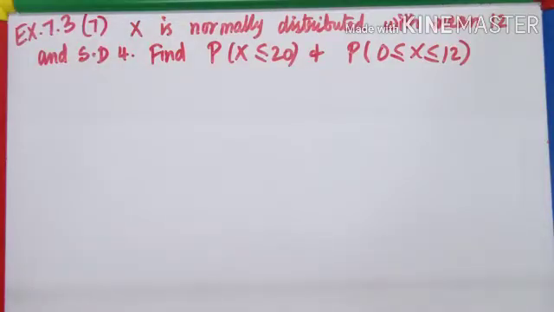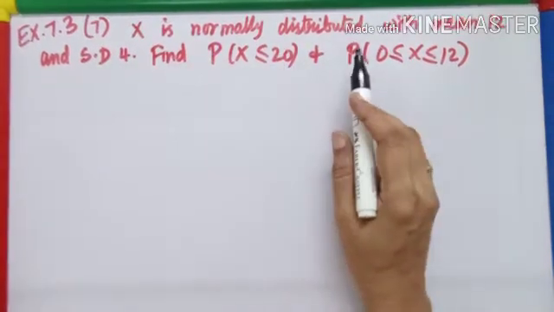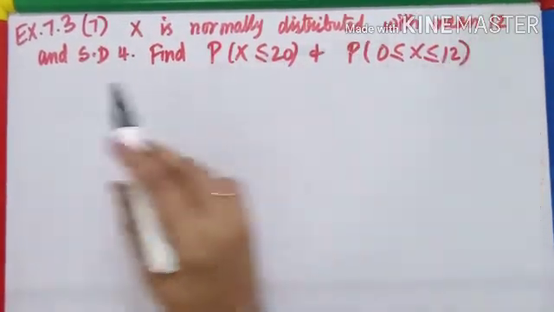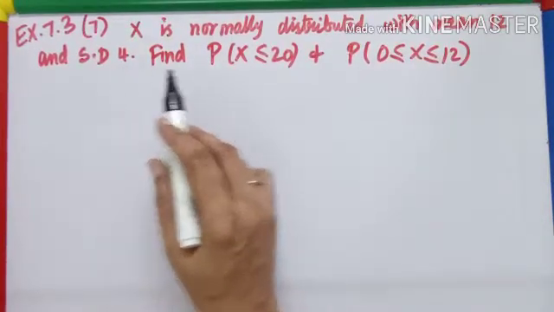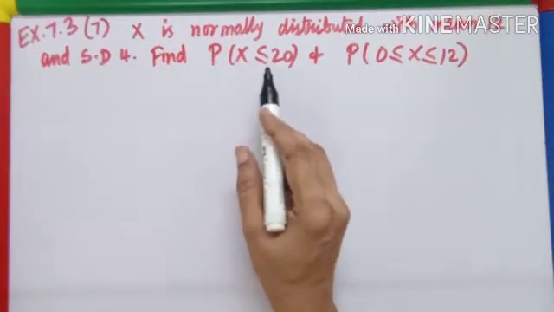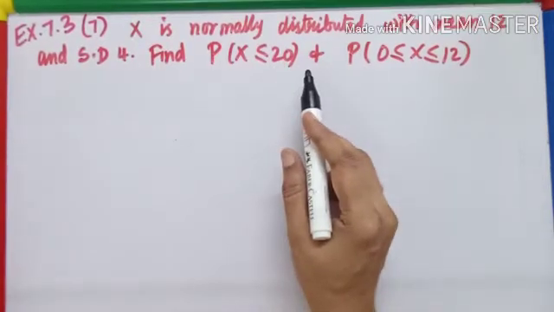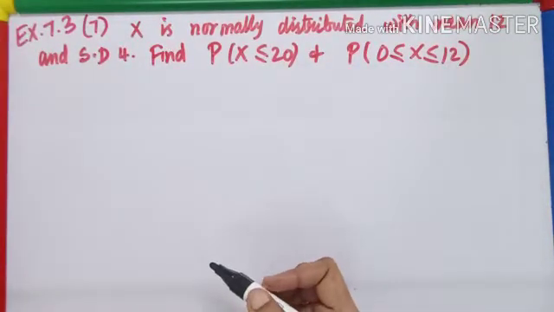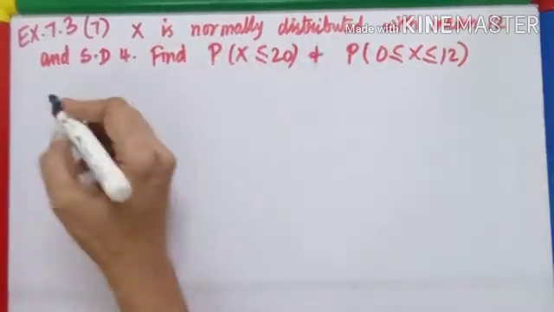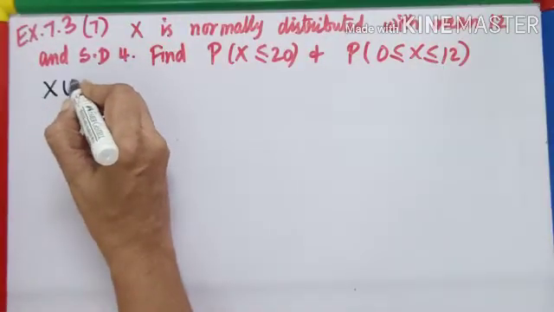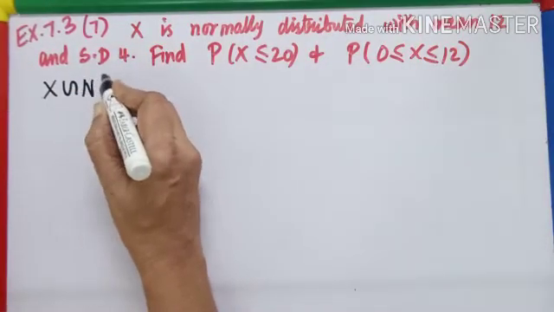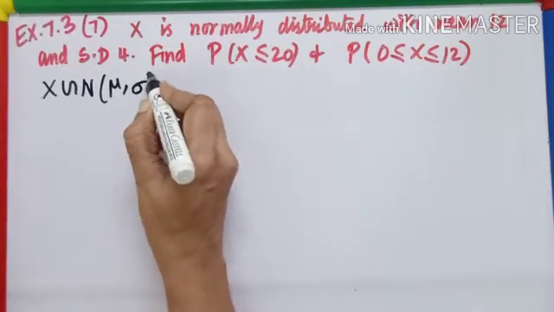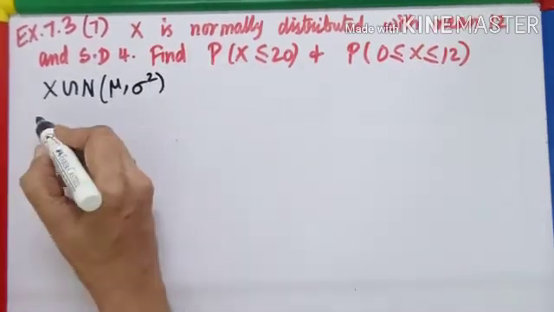Exercise 7.3, question number 7. X is normally distributed with mean 12 and standard deviation 4. Find P of x less than or equal to 20 and P of 0 less than or equal to x less than or equal to 12. As x is normally distributed, we write x follows N with parameters mu and sigma square.